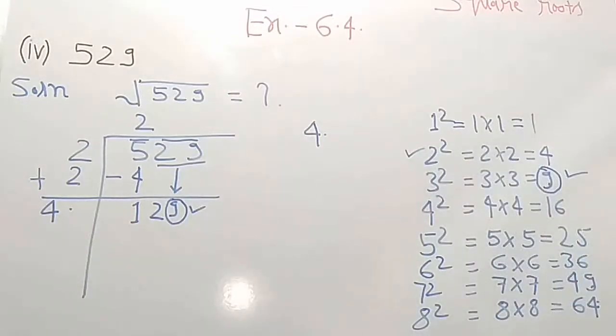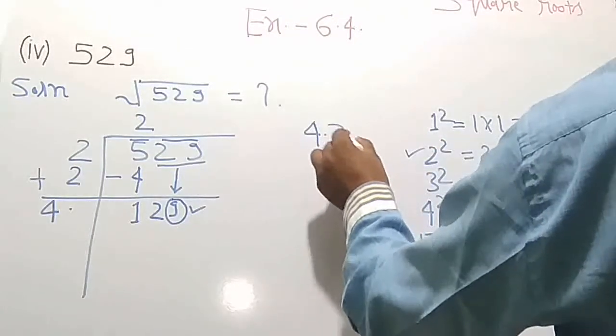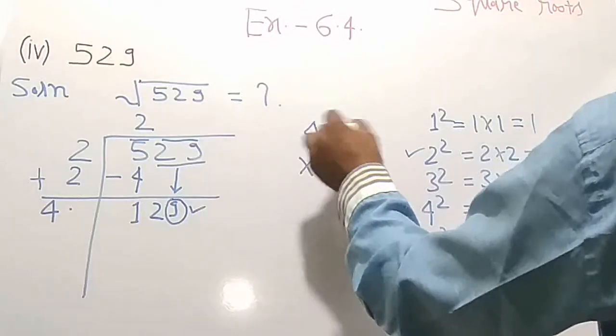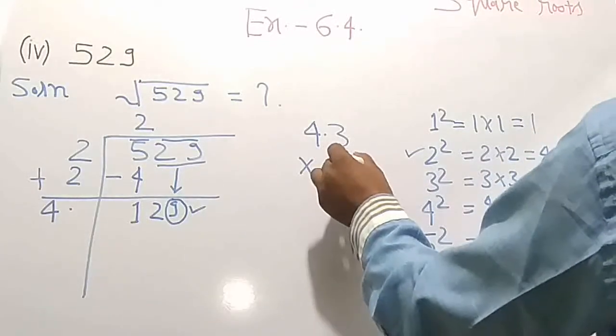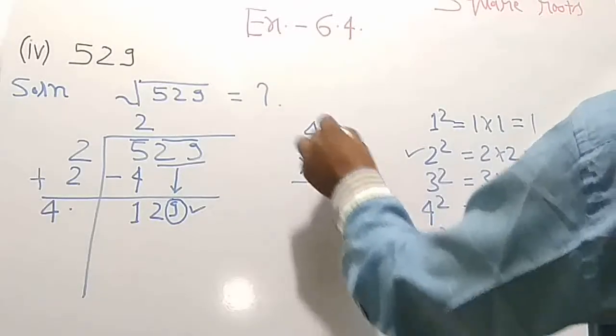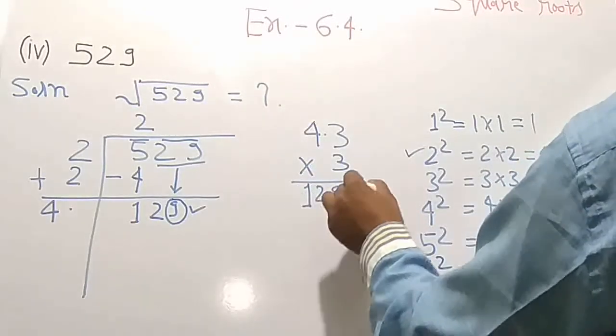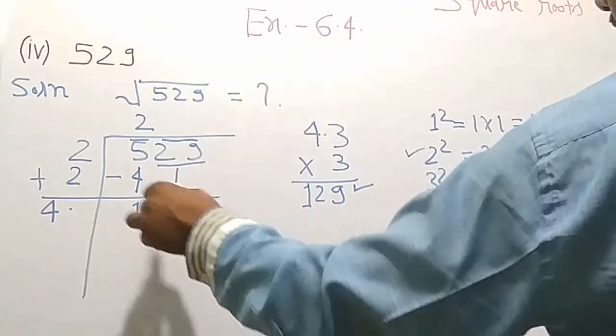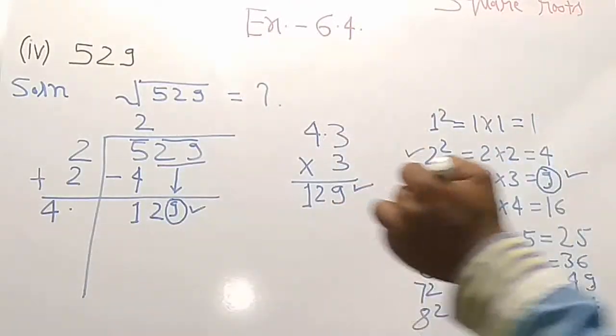Square of 3 is 9. So we can use here the 3. So the new number is 43, and we are going to multiply 43 with the 3. 3 3s are 9 and 3 4s are 12. So it is 129. It is our required number 129.